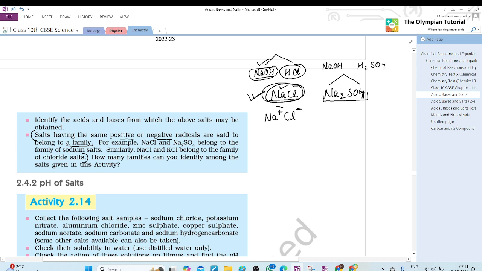Tanya, ma'am, what do they mean by the term positive or negative radicals? When we make the solution of NaCl, then they will ionize, they will give sodium Na+ ion and chloride negative ion.